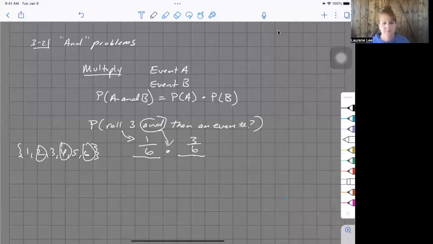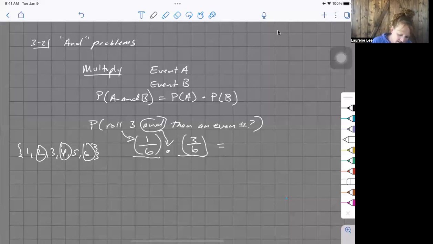Now, if you don't know how to multiply fractions, that's okay. Don't worry, you can do it on your calculator. If you're multiplying fractions on your calculator, please remember to put parentheses around each of your fractions. Otherwise, the order of operations will get messed up. So you go parentheses 1 divided by 6, times parentheses 3 divided by 6.